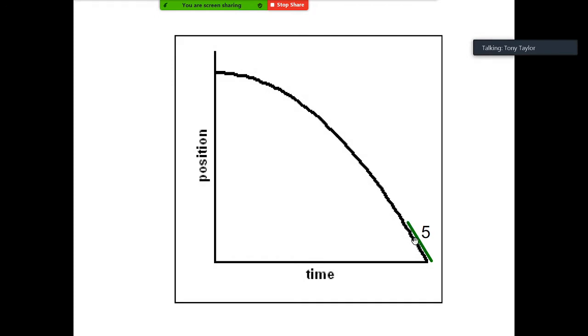That trend line just gives me an idea of what's happening near that point each second. If you notice the curve moving from flat to steep, that always indicates an object speeding up. I'm going to say that again. A curve moving from flat to steep always indicates an object speeding up. So we're getting steeper with time. We will say this position time graph shows us an object that is speeding up in the negative direction.